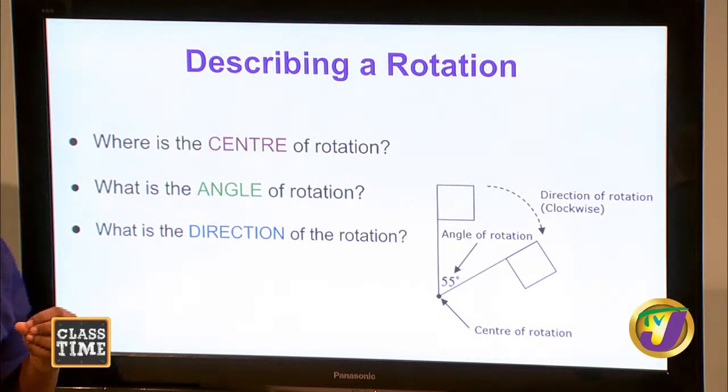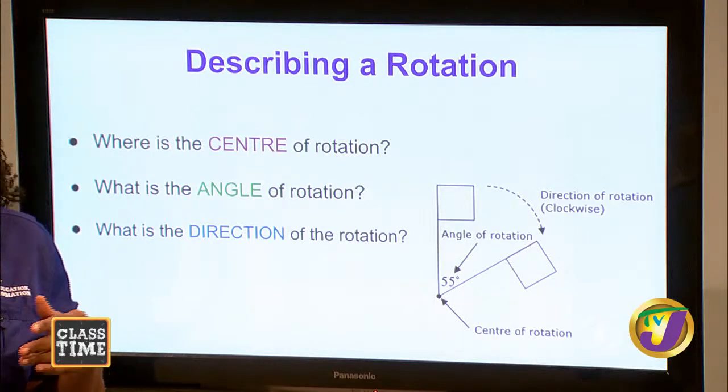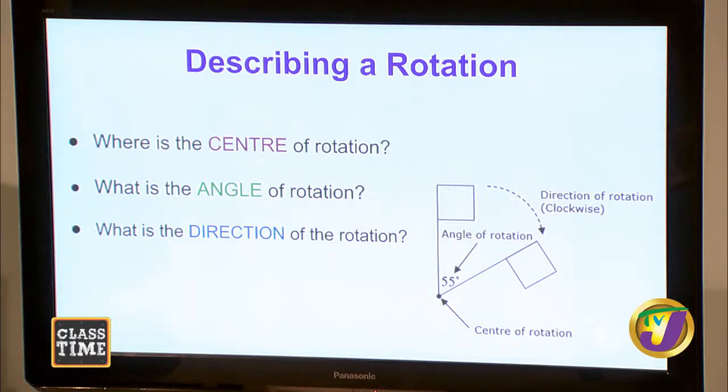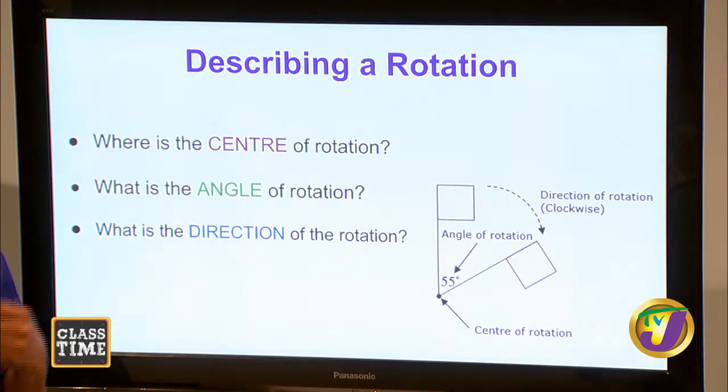In this case, it's 55 degrees. And I see an arrow showing me the direction of the rotation. It says clockwise underneath, but I'm not so sure what that is yet. But I'm sure you're going to tell me as we get into the lesson. I see the three things coming out in this picture right here. And it's as simple as that, right?